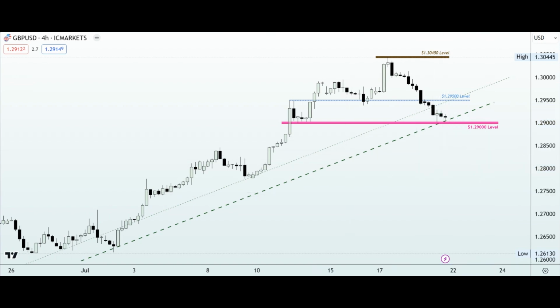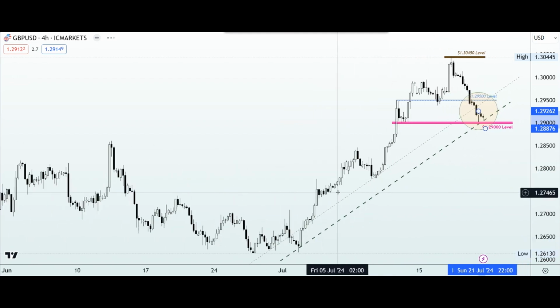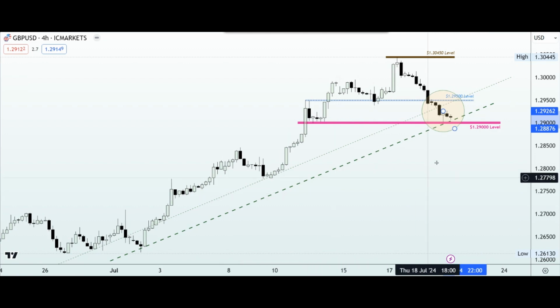Trust me, I will be with you in the comment section on Monday morning after monitoring how market participants will be reacting to this confluence during the early hours of the week to decide if we are going to be buying or selling this asset.